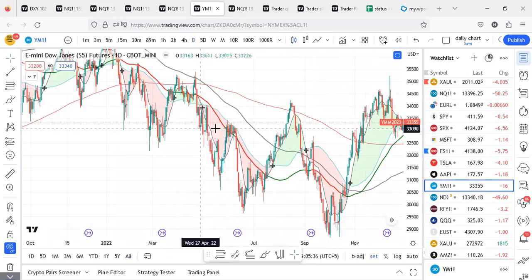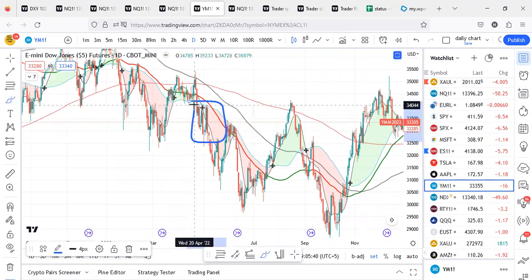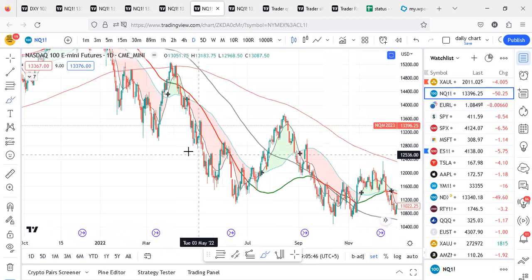Now look at this structure over here for Dow Jones. Now I will show you the same structure in Nasdaq. In Nasdaq, it is much more beautiful. Look at the beauty. Compare this with Dow Jones.